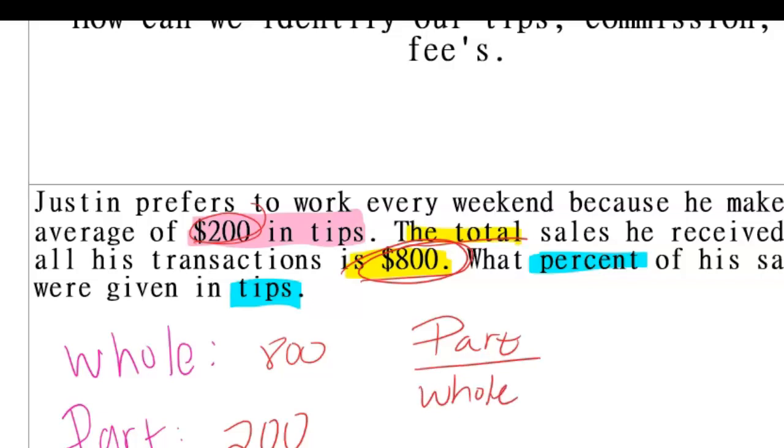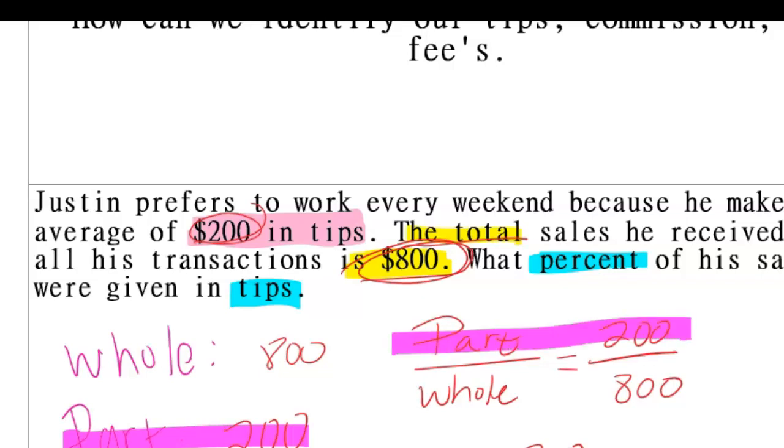Okay, so like I said last time, you can either set it up like this, which is 200 over 800, or if you do it the new method, you have 200 divided by 800. So just a reminder, your part is always gonna go on top. Part always goes on top, or it always goes first.